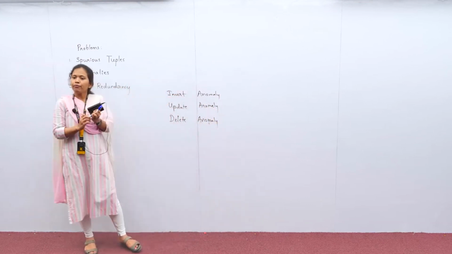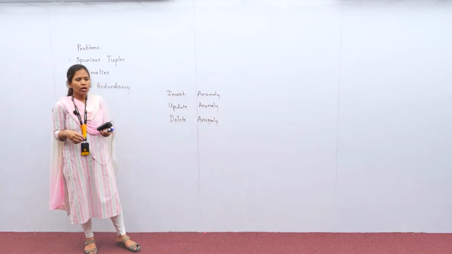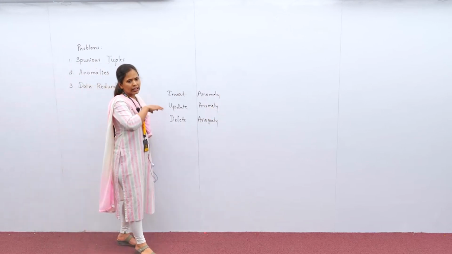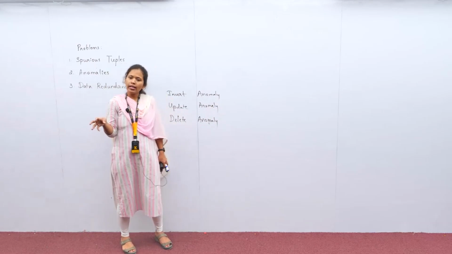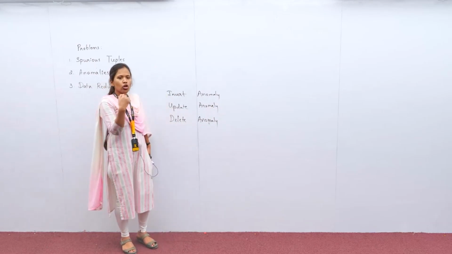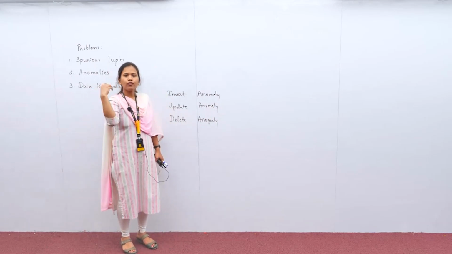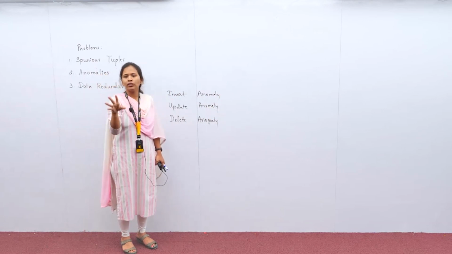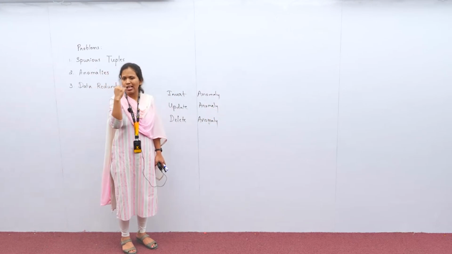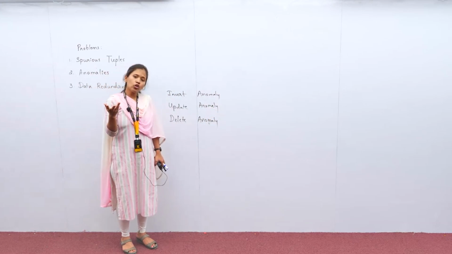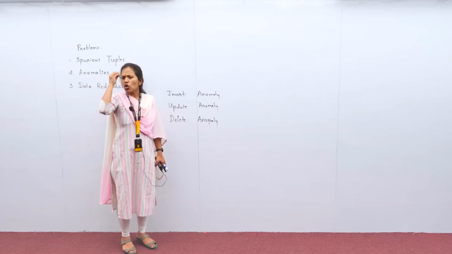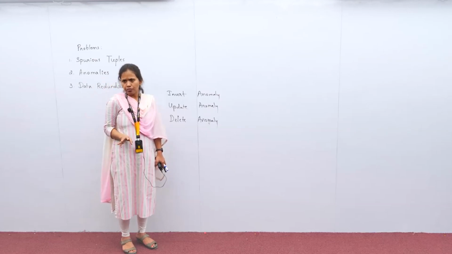Okay, ma'am, how can we get the problem? Say suppose you keep all the data in one table, and you want to insert a record. Maybe for one particular student or one employee we have all the details, so we just insert that record. Again, you want to insert the next employee or student record, and there are so many values missing.